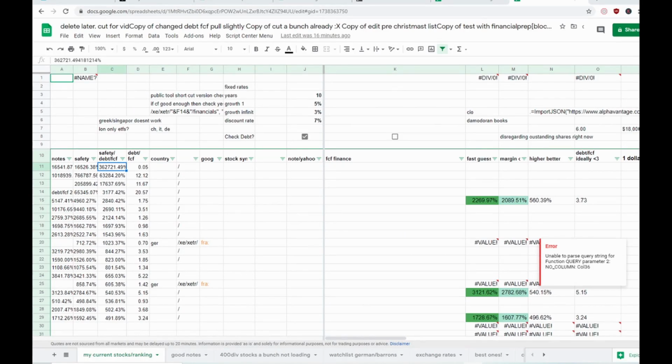This is my sheet, and it's a bit messy, but it isn't meant to be shared. First of all, before I hide these tabs as well, I use fixed rates and I calculate the free cash flow forwards for 10 years, and I estimate the growth within the first 10 years to be 5% per annum, and then the growth that is infinite is 3% per year.